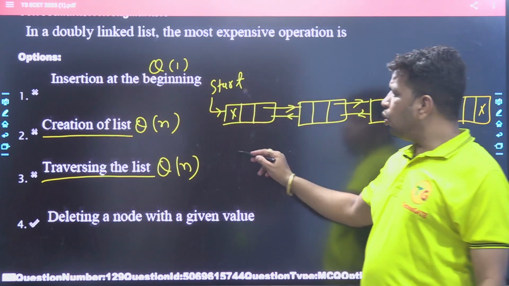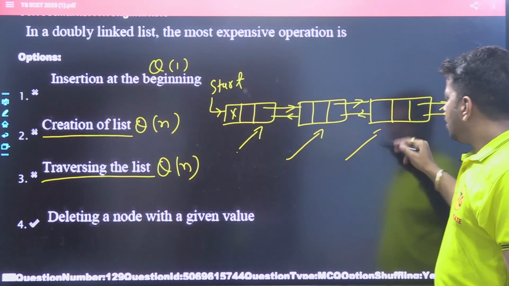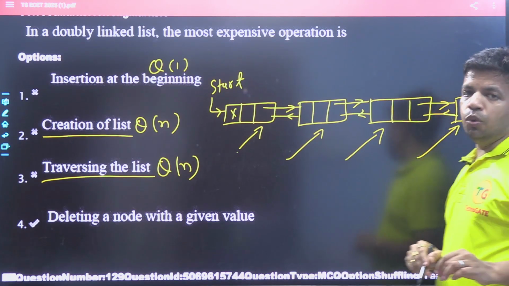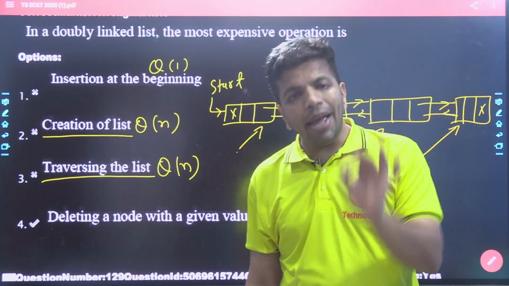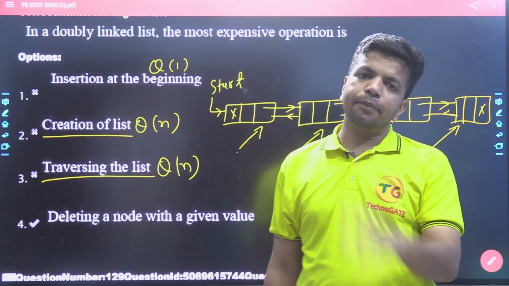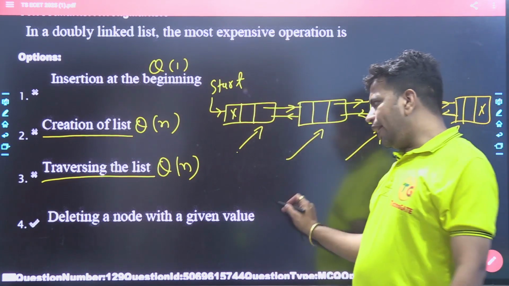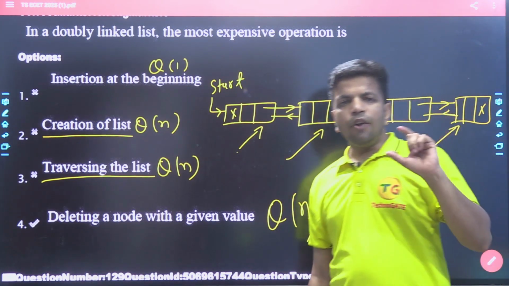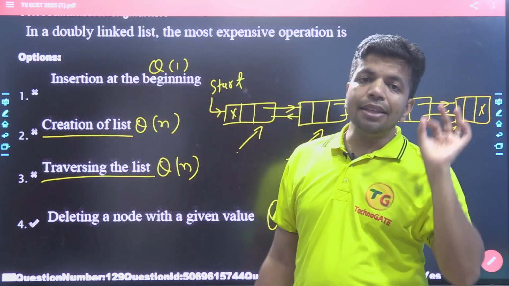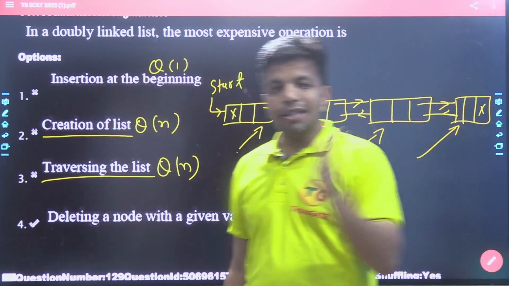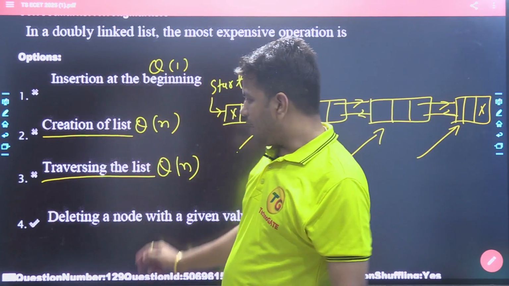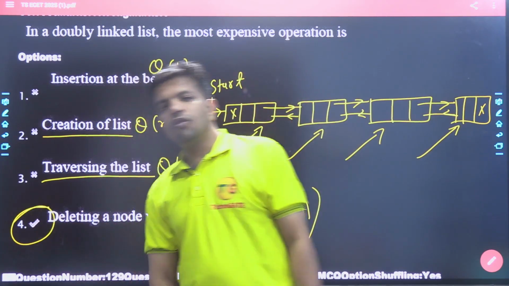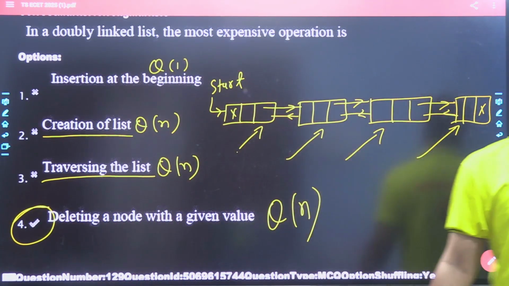You need to go to each and every node, then compare the value. If the value matches, then only you delete. The time complexity is n only, but every time you need to compare the elements, so you need to do the traversing as well as the comparison. That's why we can go with this one, the fourth. Are you getting the point?